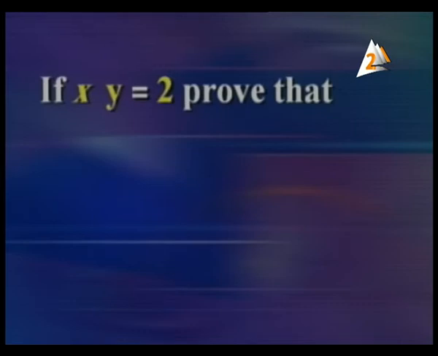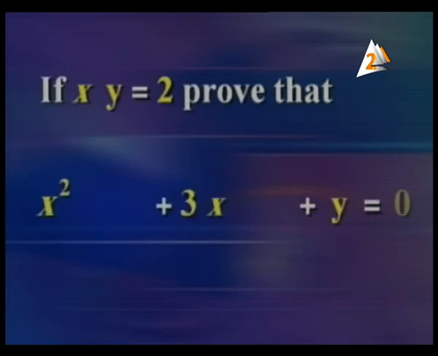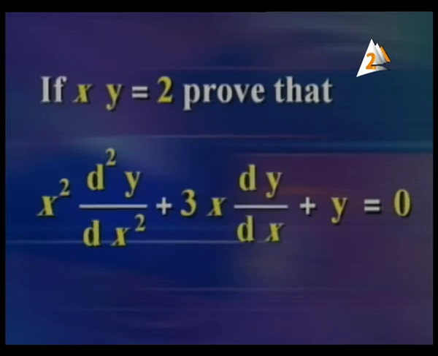Another example. This example is very important. If we have xy = 2, we prove that x² d²y/dx² + 3x dy/dx + y = 0. Remember, dear student, we have the function xy = 2.